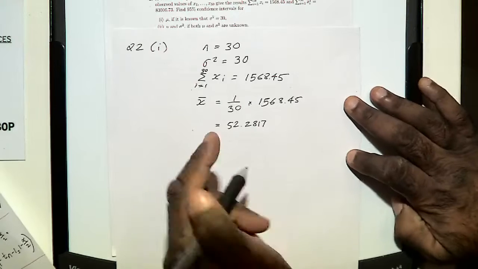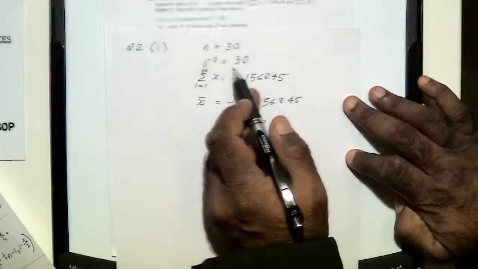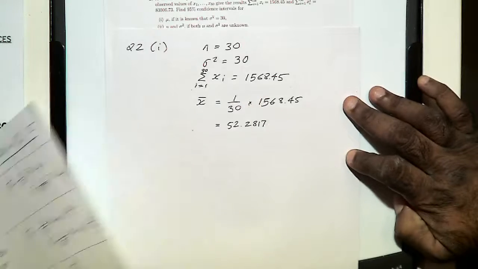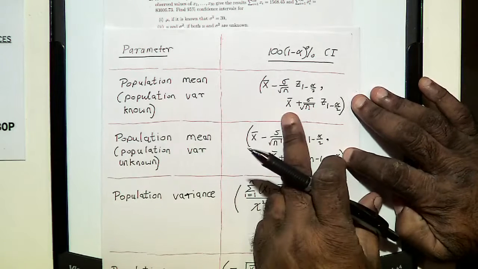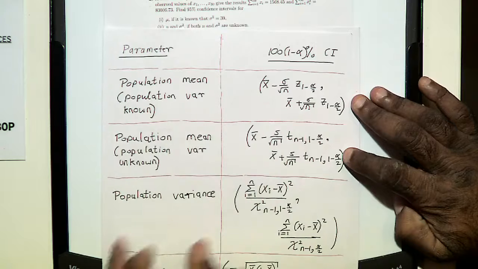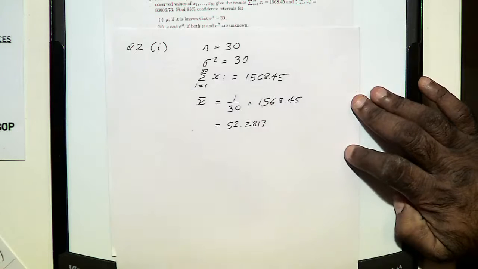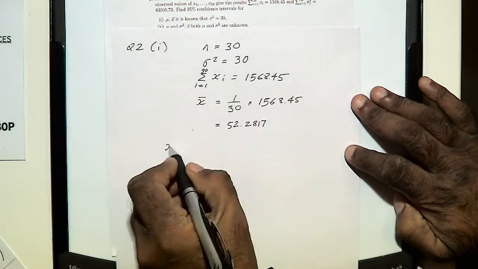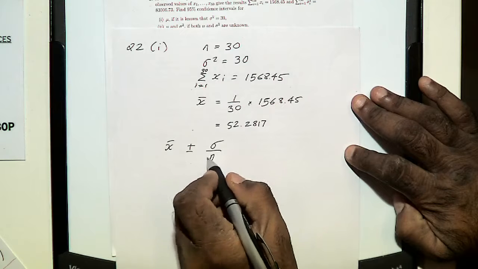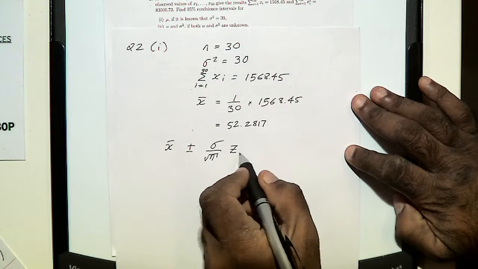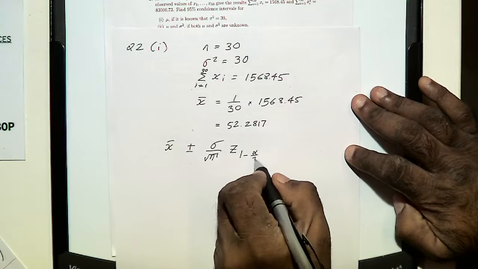Now we are assuming that the population variance is known, so the confidence interval to use is number 1. The confidence interval is x bar plus or minus sigma by root n times z_{1 minus alpha by 2}.